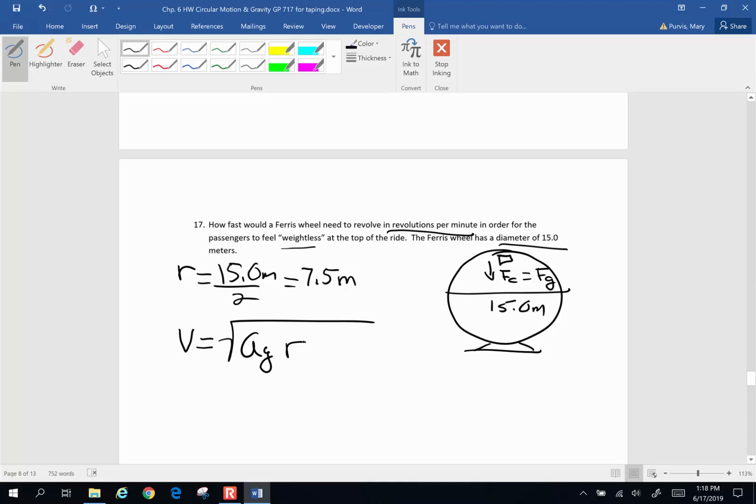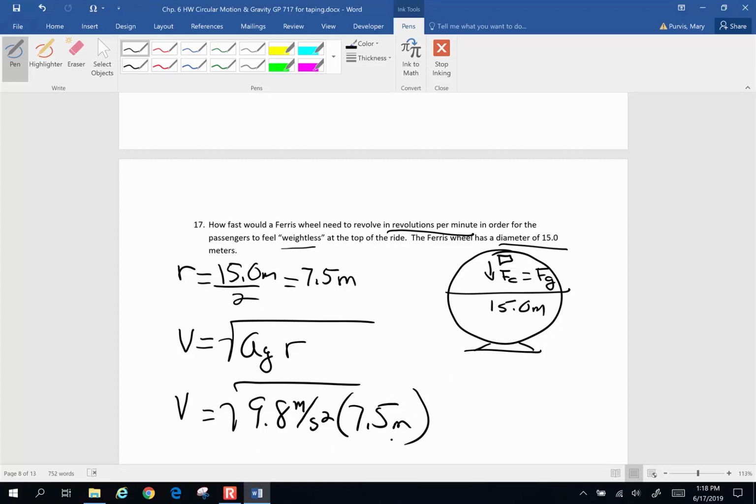So how fast to just go around at the tippy top? Well, it's going to be the acceleration of gravity, 9.8 meters per second squared, and our radius, 7.5 meters. So let's do that. 7.5 times 9.8, square root that, and we end up with 8.57 meters per second is the minimum velocity.